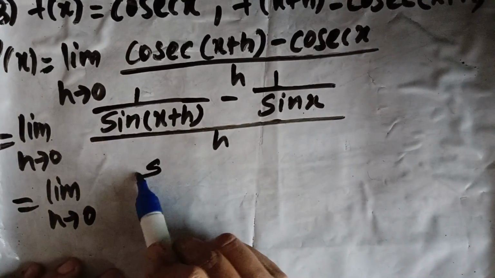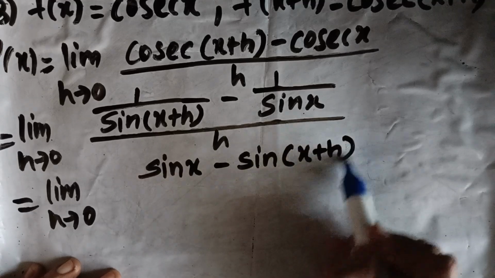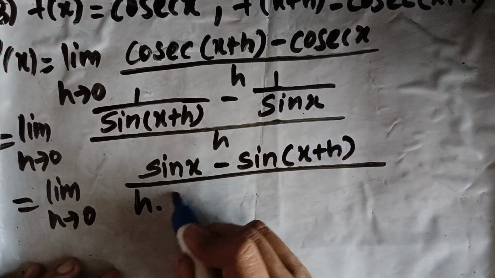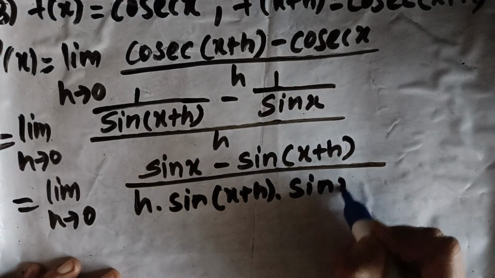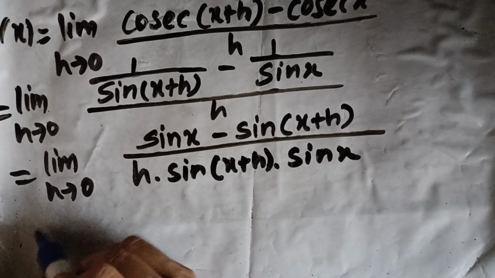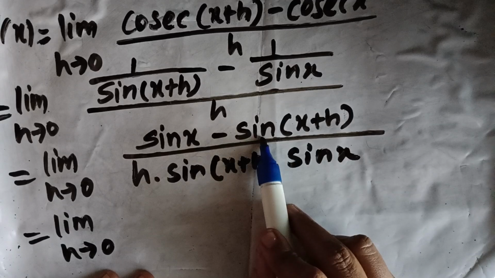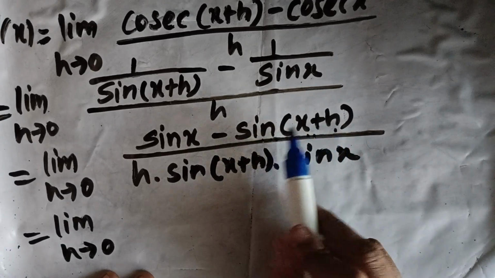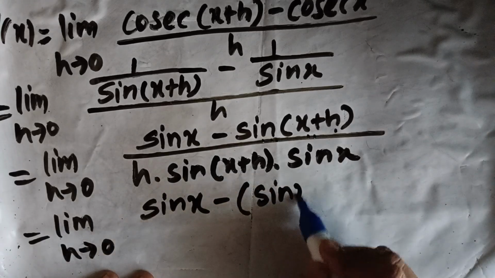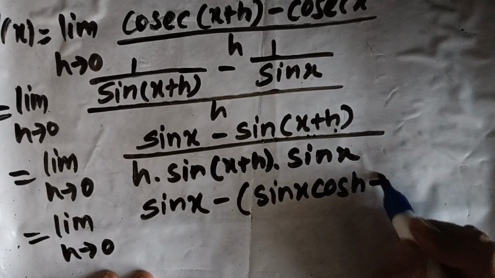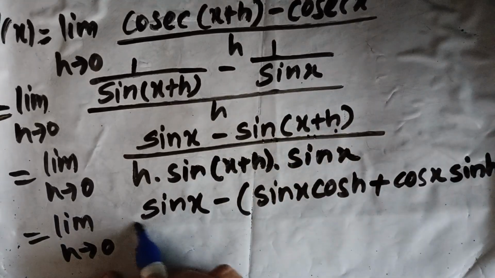Cross multiplying, sin of x minus sin of x plus h, upon h into sin of x plus h into sin of x. So we'll get limit as h tends to 0. Here you can expand this sin of a plus b, sin a cos b plus cos a sin b: sin x cos h plus cos x sin h.